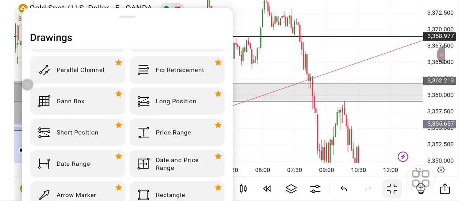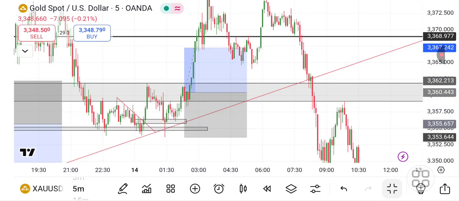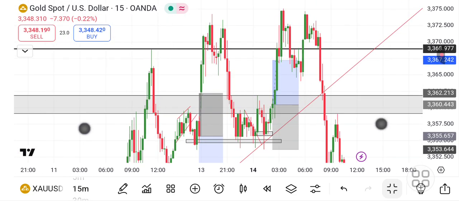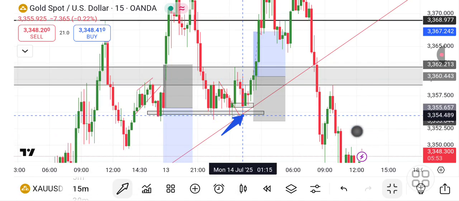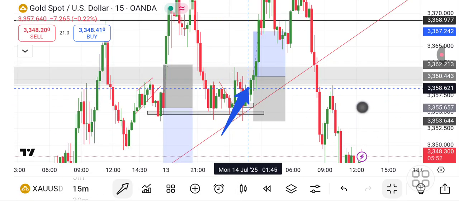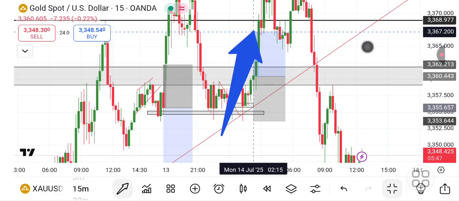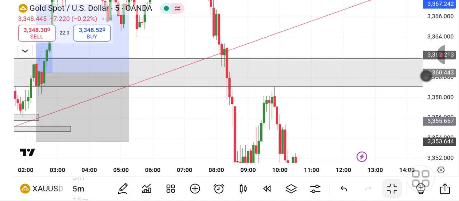I caught my buy right here. I remember it was right there. So I got it from the M15 after price printed momentum candles, after price printed this one and this one. On the third candle, I got my buy. So going to M15, M5.